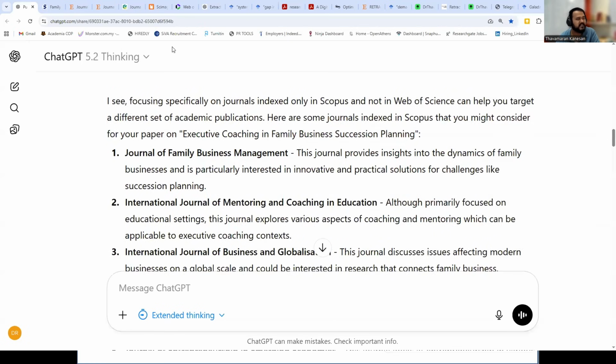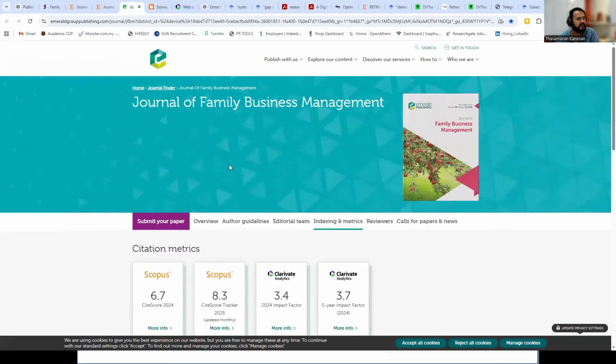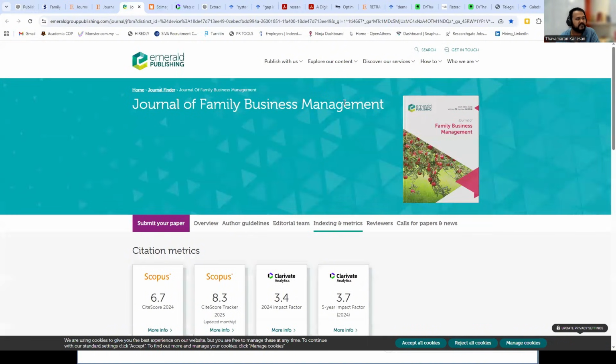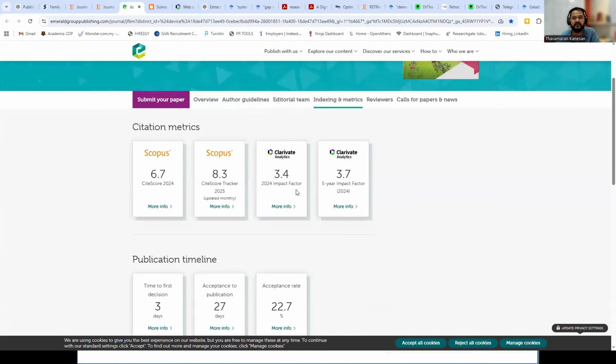Journal of Family Business Management, Emerald. Can ah? Cannot lah. Impact factor 3.4, Clarivate, is Web of Science also. Not only Scopus, it's Web of Science also. 3.4 SSCI.